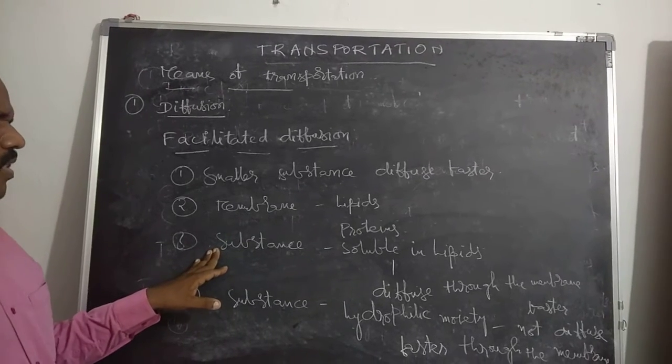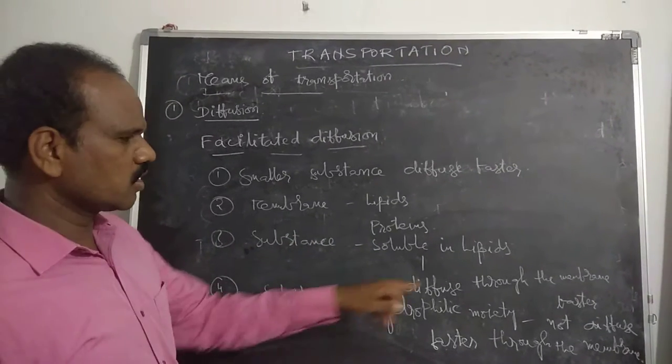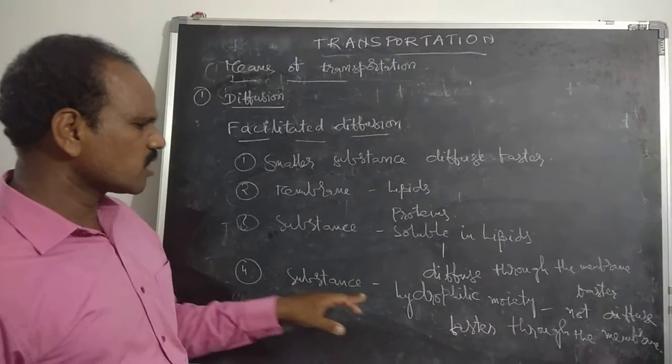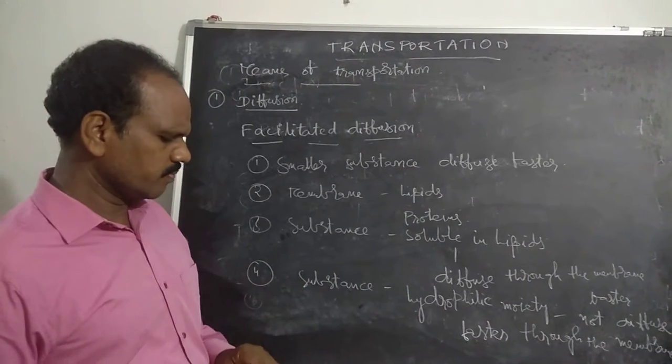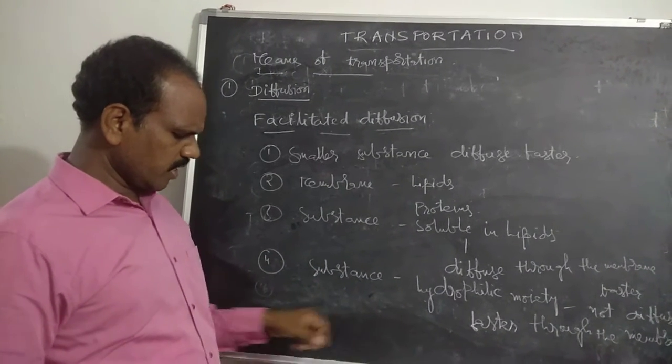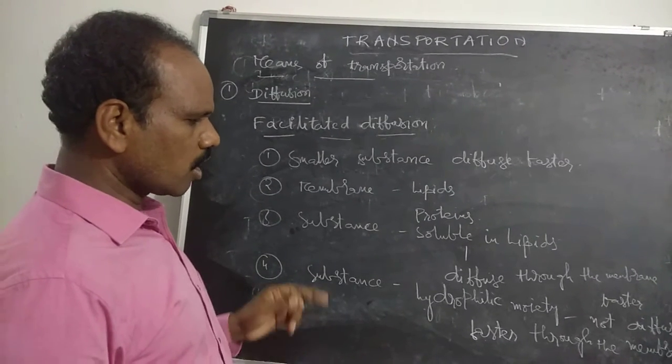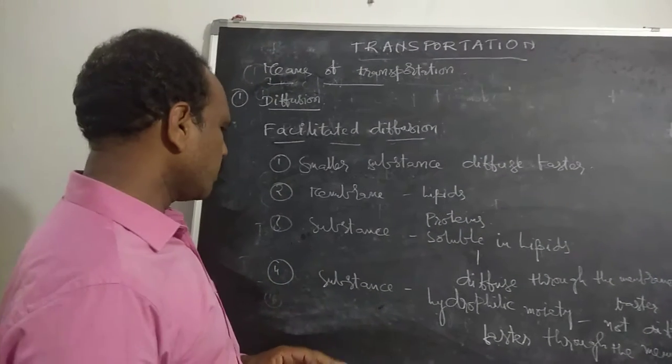The substances which are soluble in lipids diffuse through the membrane faster, and the substances which have a hydrophilic moiety find it difficult to pass through the membrane.